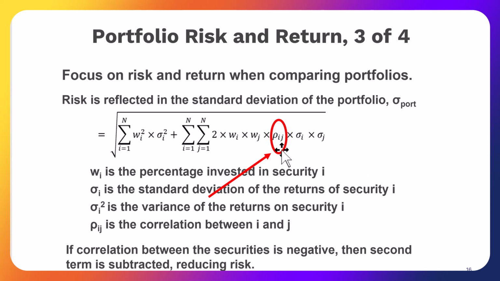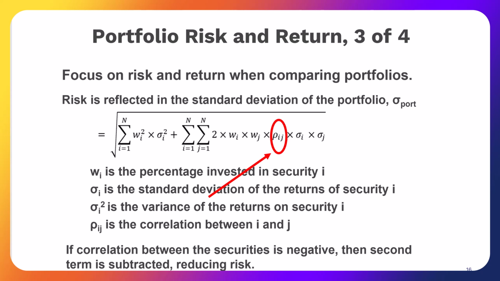Standard deviation has to be positive. Right now, we haven't introduced any negative weights, so the weights, since these are square roots, are positive. This number, if it is negative, then it reduces the amount of risk. That's where the diversification comes from.